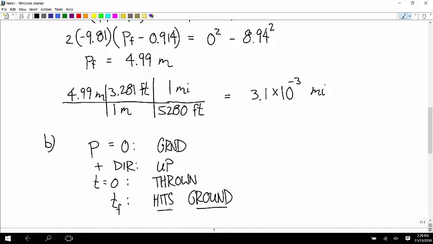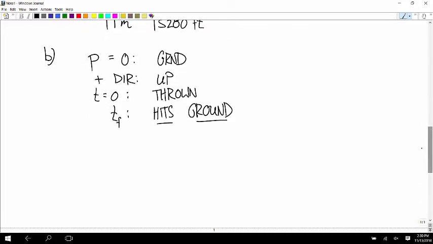And that means that you can't use the height that you got in part A. You can't use any of your final information for part B. So what do we know and what do we want? This time we're looking for time final. We still know the acceleration is negative 9.81.